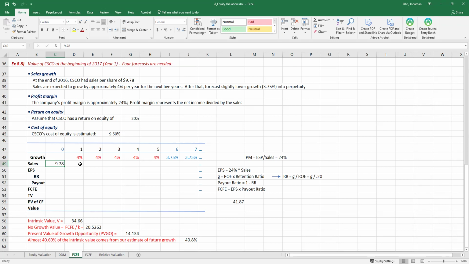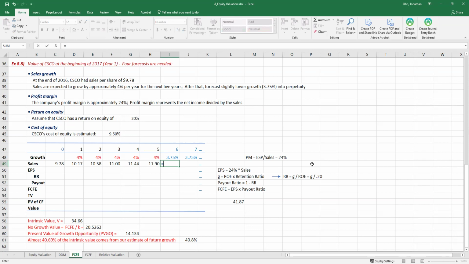Now, we start with the sales projection first. This per share sales projection has a 4% growth. So it is this times 1 plus 4%. That is the sales projection at the end of this year. Since this one is 4% throughout, you could just copy and paste. That is our sales projection for the 5 years. After that, it will stabilize at 3.75%.